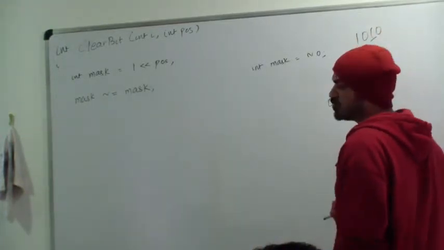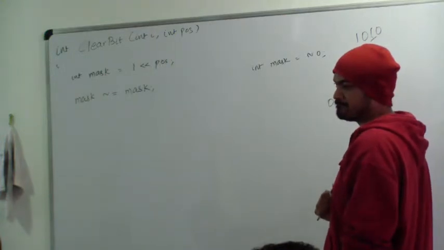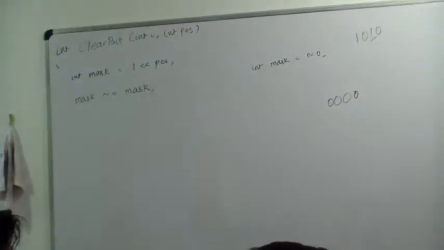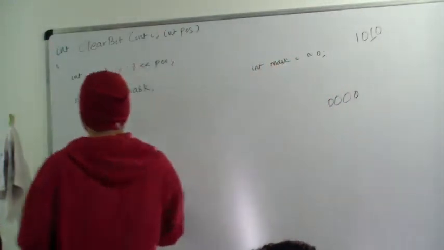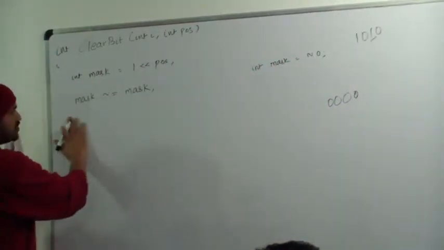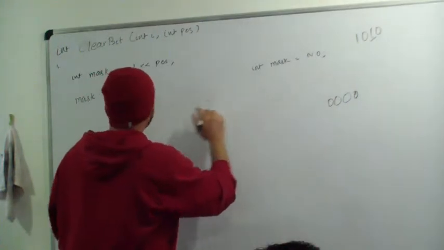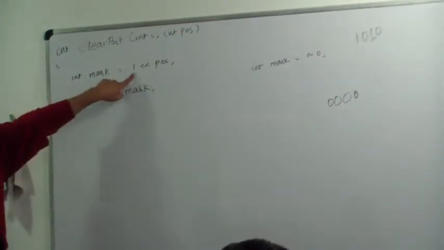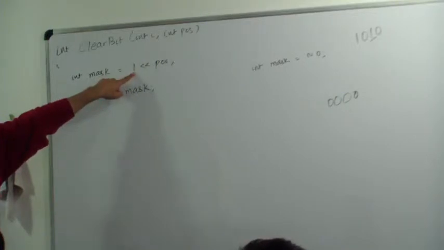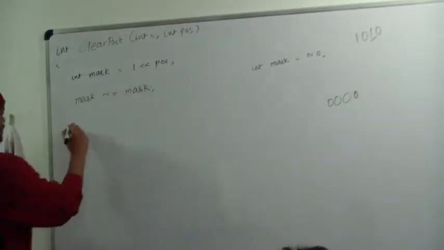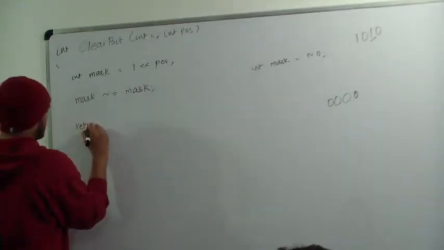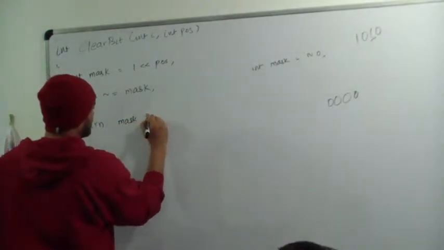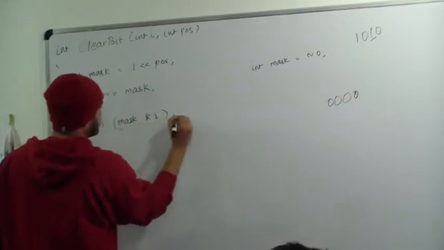I want to clear this bit. Now when you do this, you have inverted it, the only one that you wanted to clear has become 0, everything else is 1. So you will say return mask AND I.